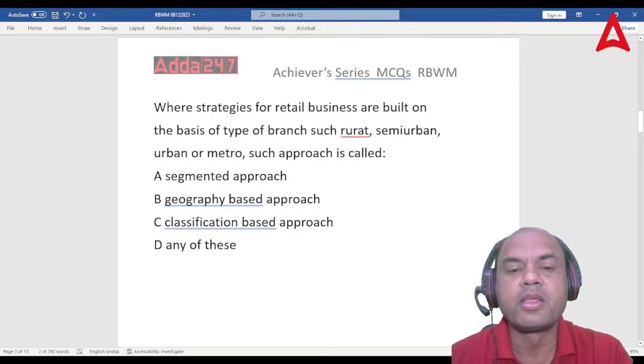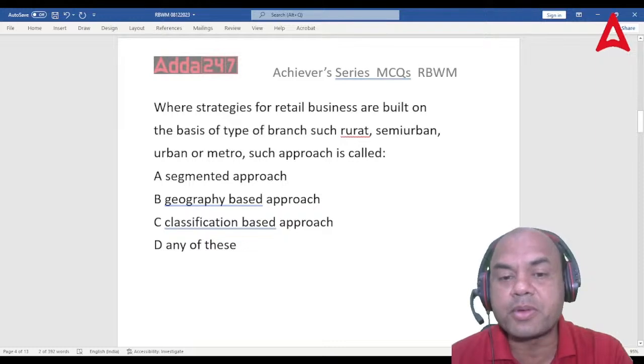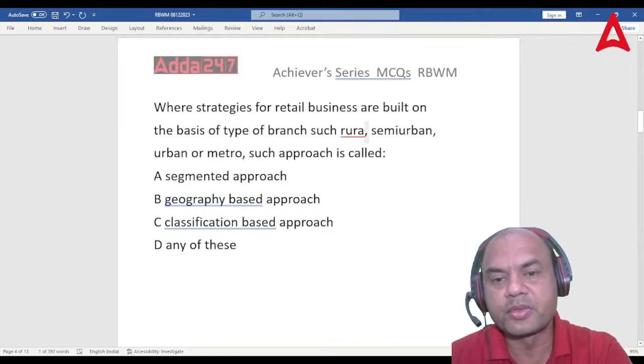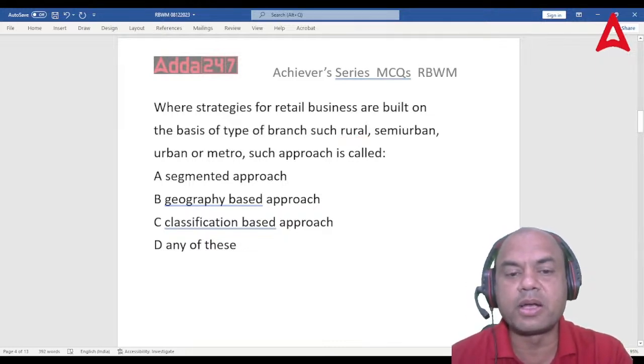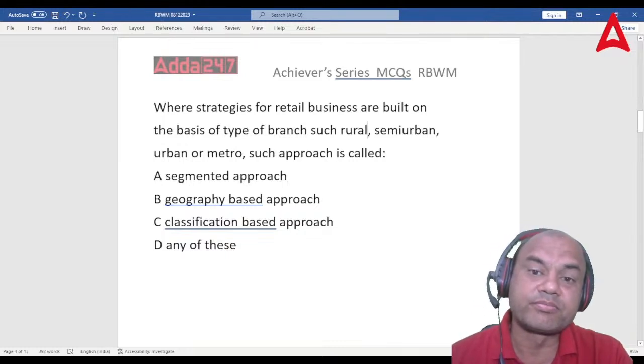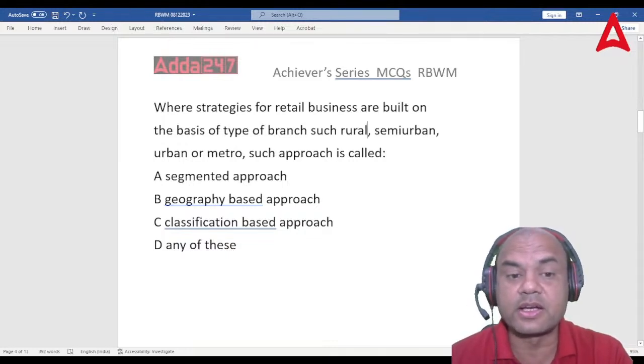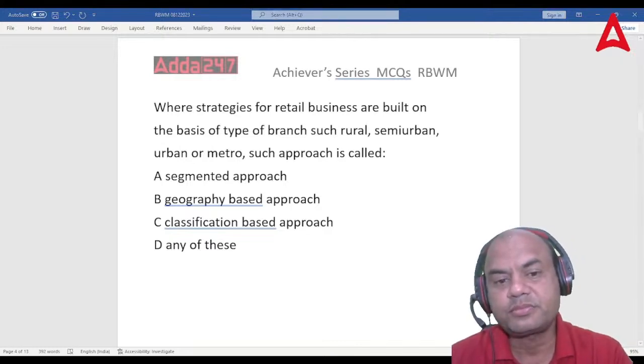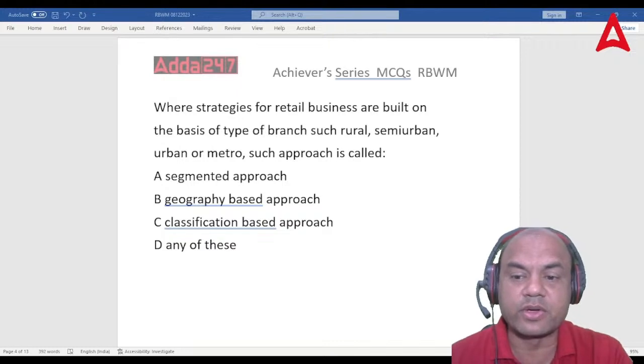Second one: where strategies of retail banking are built on the basis of the type of branch, such as rural, semi-urban, urban, metro, such an approach is called as what? Segmented, geography-based, classification-based, any of these. Now think over it. This is what you need to think.